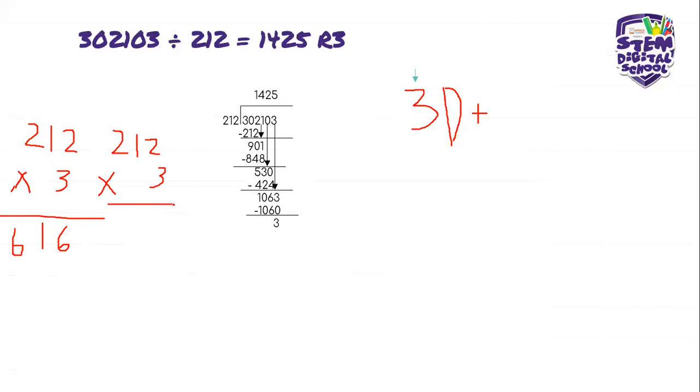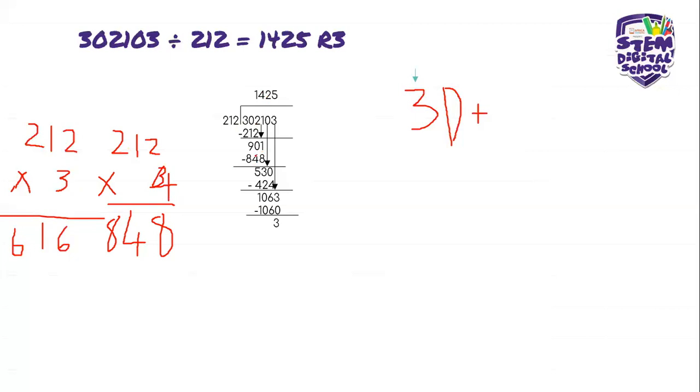Once you add 212 to that number and you go over it, then you know that you're there. 2 times 4 is what? 8. 1 times 4 is what? 4. 2 times 4 again is what? It's 8. So I'm there. And if I add 212, I go over the 901. So I'm at the right multiple. So it says 4 times.